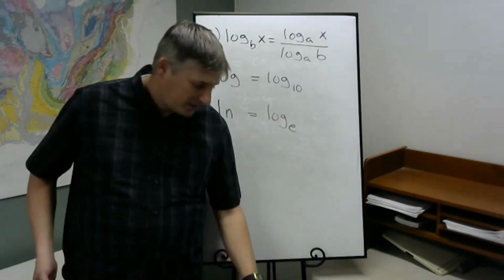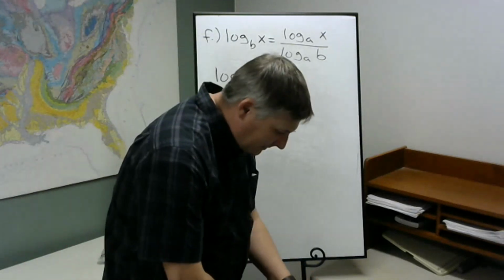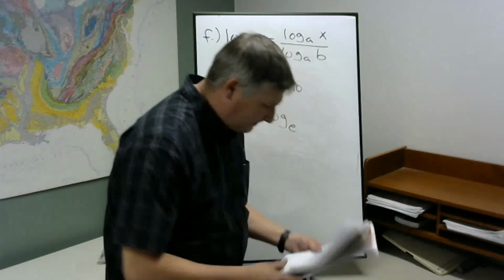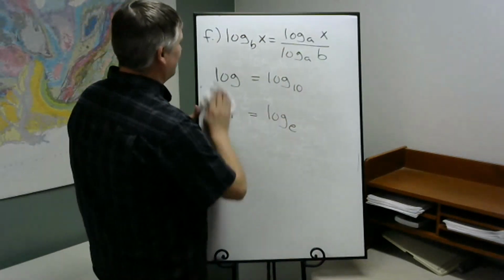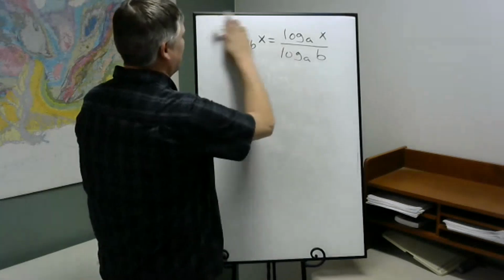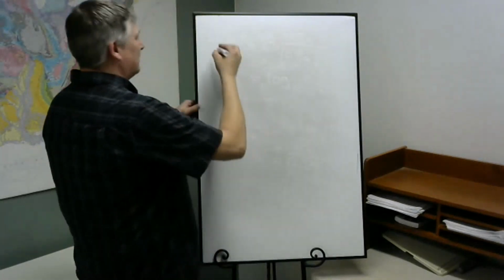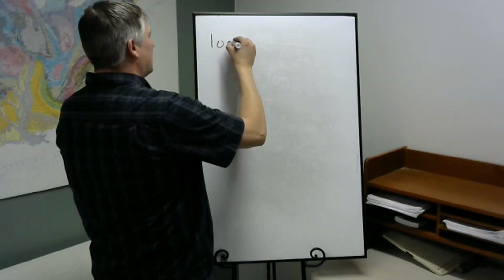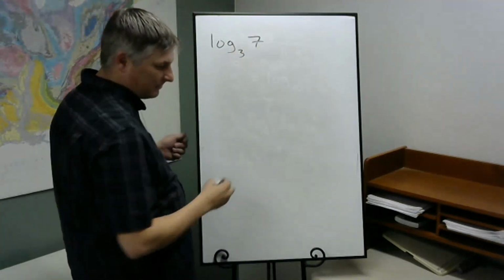What if you need to do, say, like a base 3 or base 5 log? Well, let's say we've got this. Log base 3 of 7.